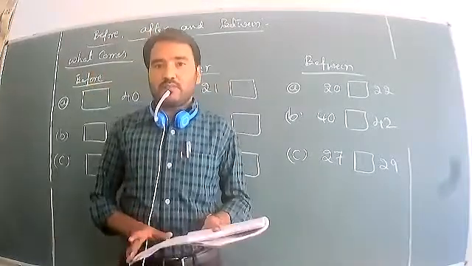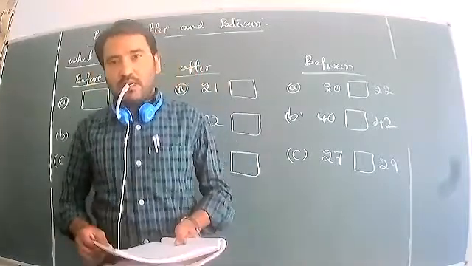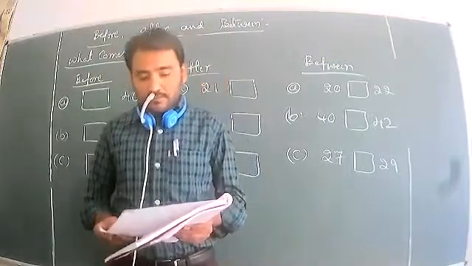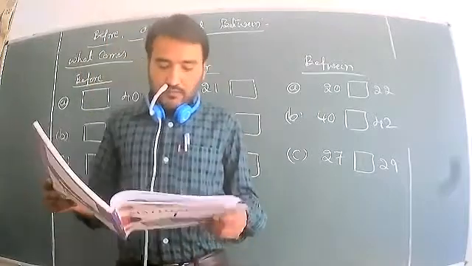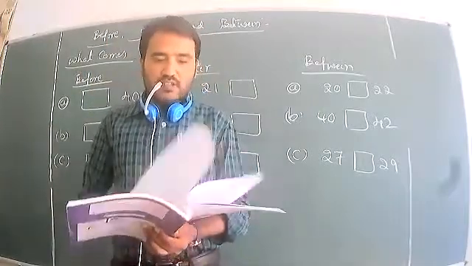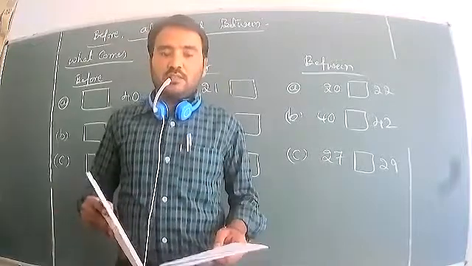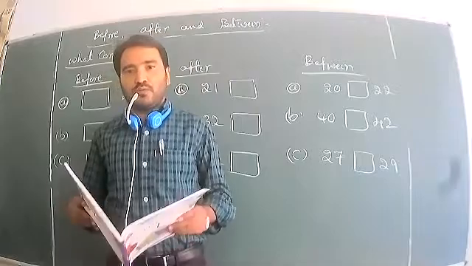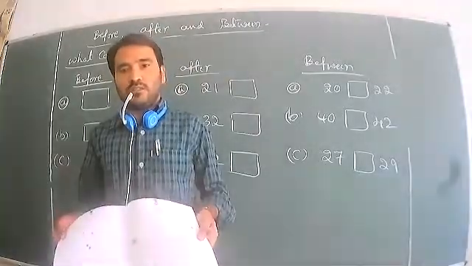In previous classes we have learned the exercises part, and then I have given the homework on page numbers 54 and 55. You have already done it. Some students are sending the photos, some students are not sending. All of you send the photos of what you did in the work.